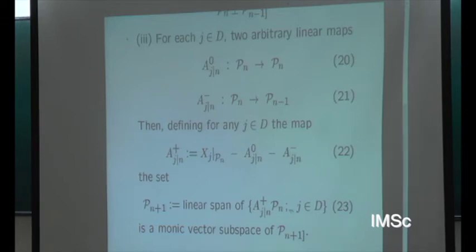So you see the innovation, how the new space arises from the old, how the n plus 1 arises from the old. Then I say that necessarily this is a monic subspace. I use very, very strongly the structure of the degree filtration of the polynomial algebra.